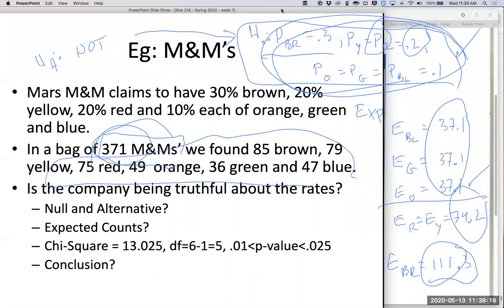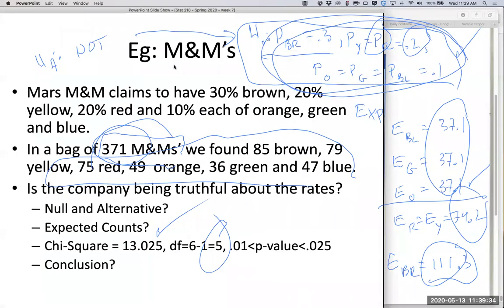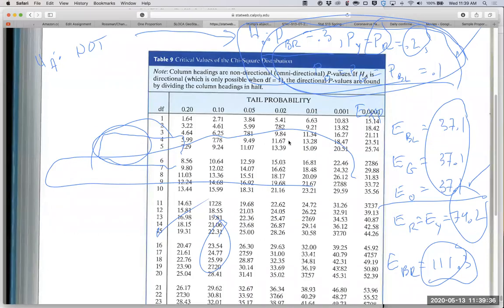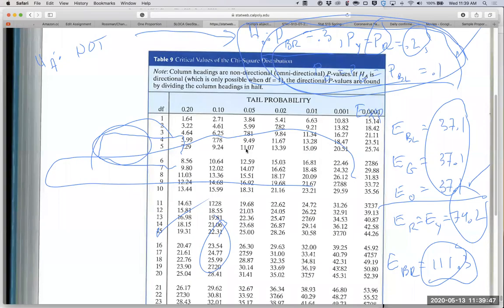My chi-square value is 13.025 with 5 degrees of freedom. What do I hit as my conclusion? 13.025 with 5 degrees of freedom is somewhere between 0.02 and 0.05.